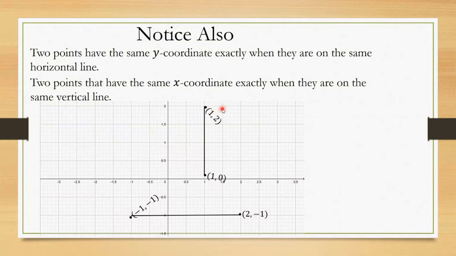Here, 2 points have the same x coordinate exactly when they're on the same vertical line. So that's what's happening here.